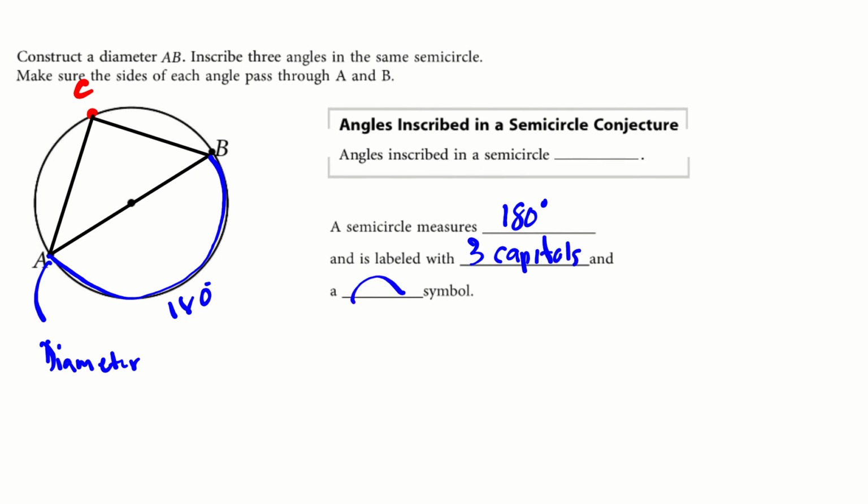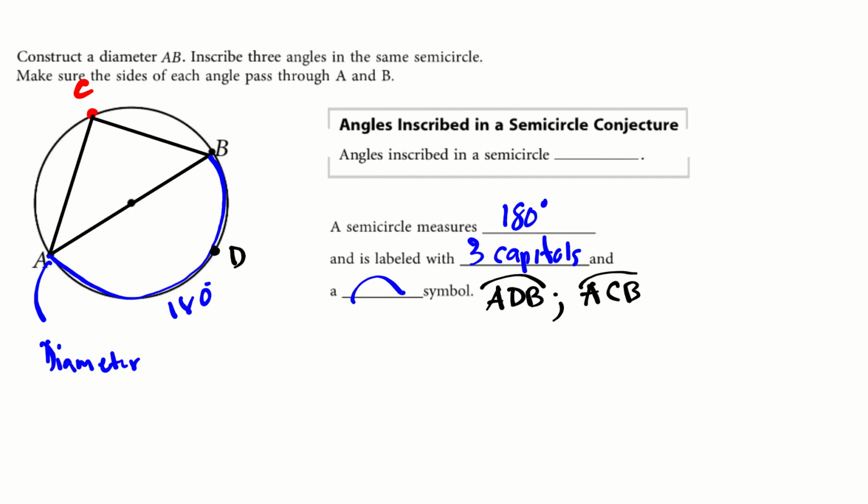Here we don't have another capital letter, so let's add a capital letter D. If we were going to name this arc, we could say arc ADB, that's one semicircle, or we can say ACB, that's another arc that measures 180.